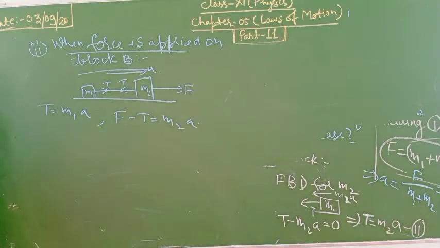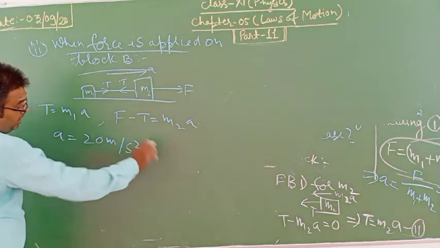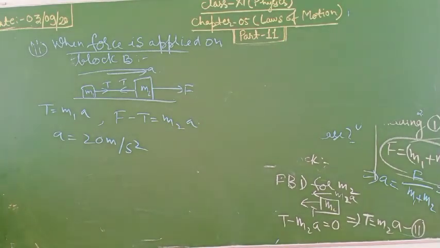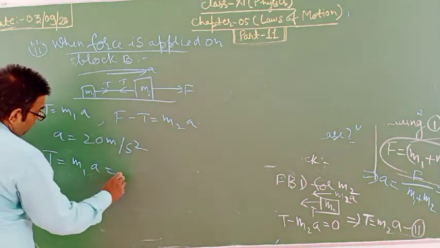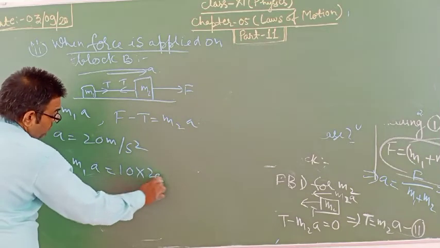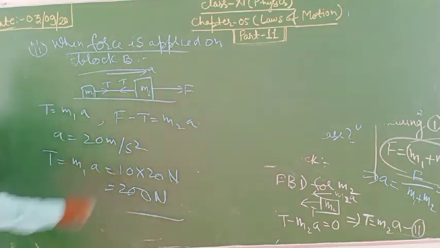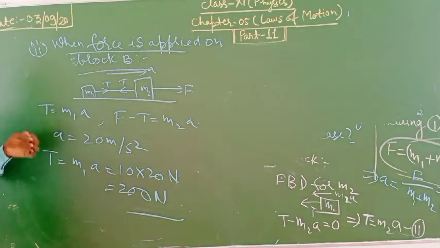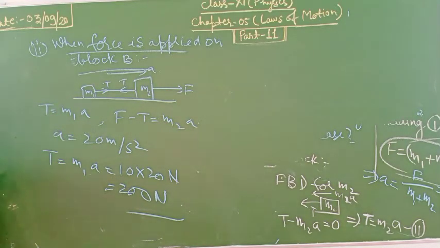Again adding equations 1 and 2, we get A is equal to 20 meter per second square, and T is equal to M1 into A, so it will be 10 into 20 Newton, that is 200 Newton. So the tension here is 200 Newton, and in the previous case we got the answer as 400 Newton.